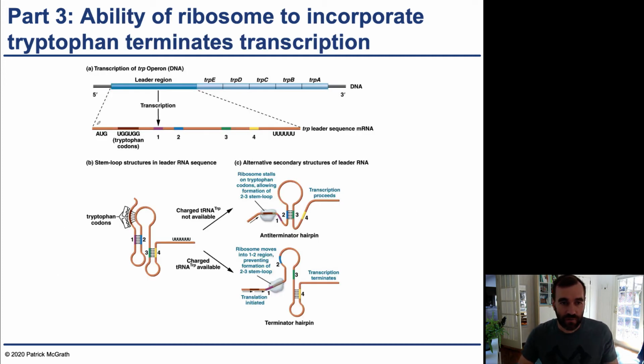So how does this work? This works because this leader region has the ability to form these stem loop structures. And so here we see what this leader region is able to do. It has these complementary regions.